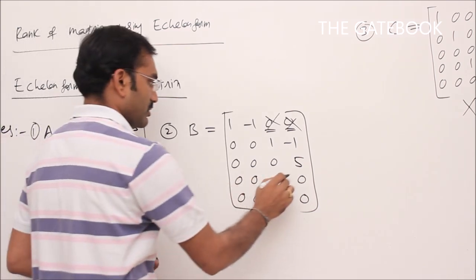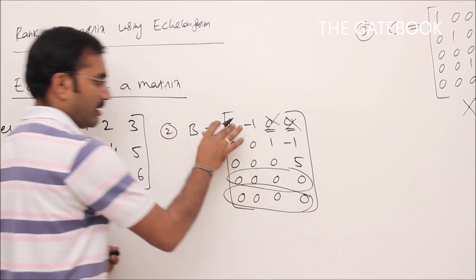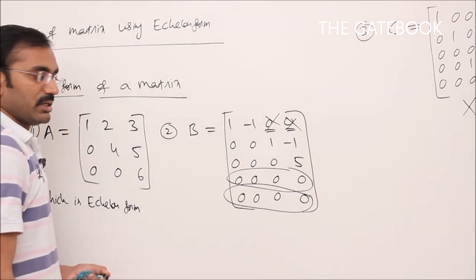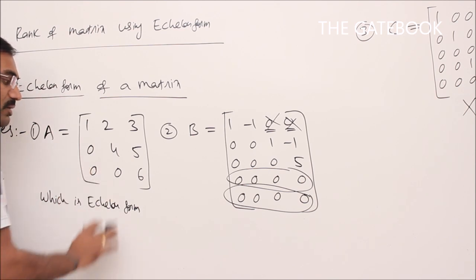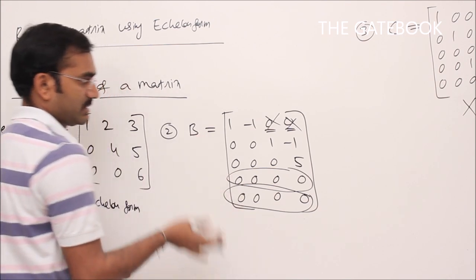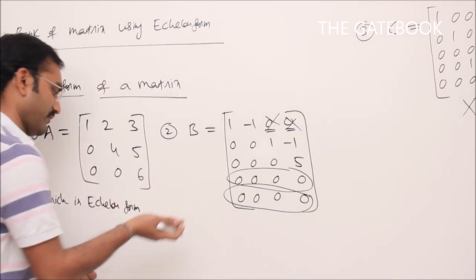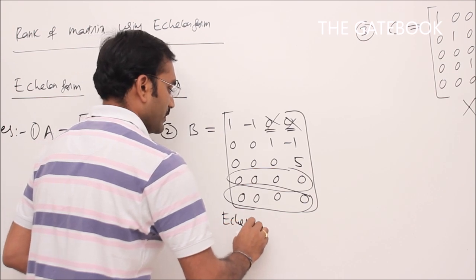See here, the fourth row and fifth row are completely zero rows lying below all the non-zero rows. That condition is not applicable for the first matrix because there are no zero rows there. So here the matrix B satisfies both conditions, first condition and second condition. Therefore, it is in echelon form.